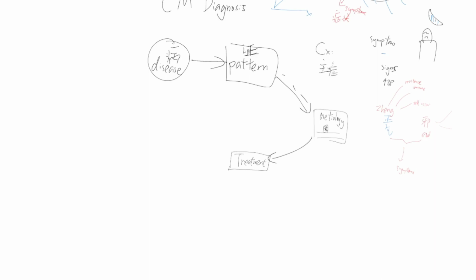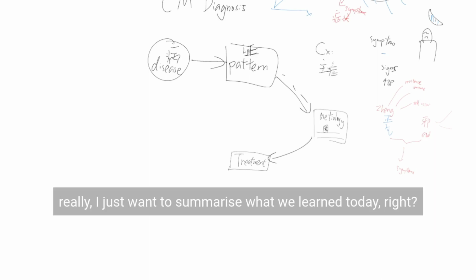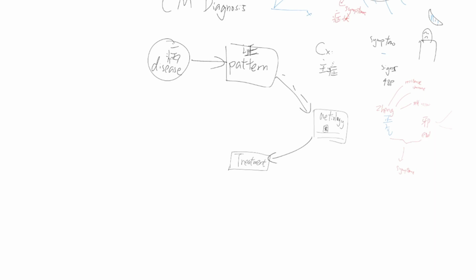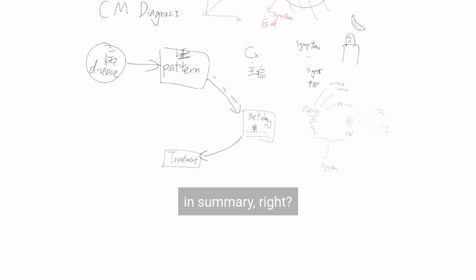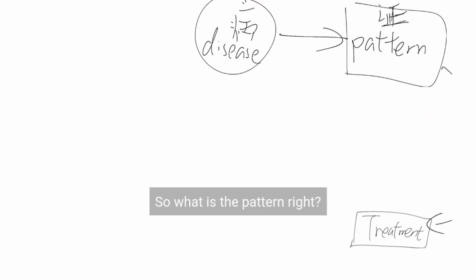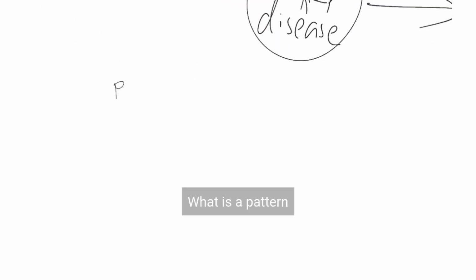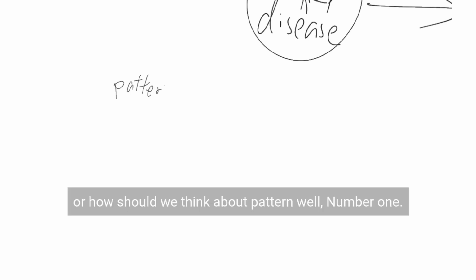Right? So really, I just want to summarize what we learned today. Basically, we look at many different things. So in summary, what is a pattern? How should we think about pattern?